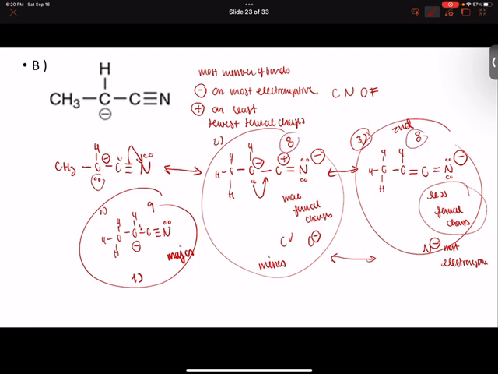The difference was that the second structure has a total of 3 formal charges, while the third one has only 1 formal charge. And we really want to have the least number of formal charges. That's what pointed me to the third structure being more major than the second structure. So this one's going to be major, this is going to be second major, and this is going to be the minor.